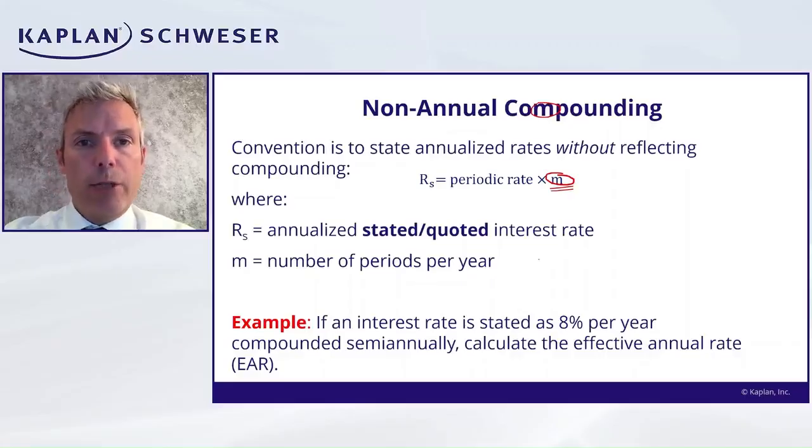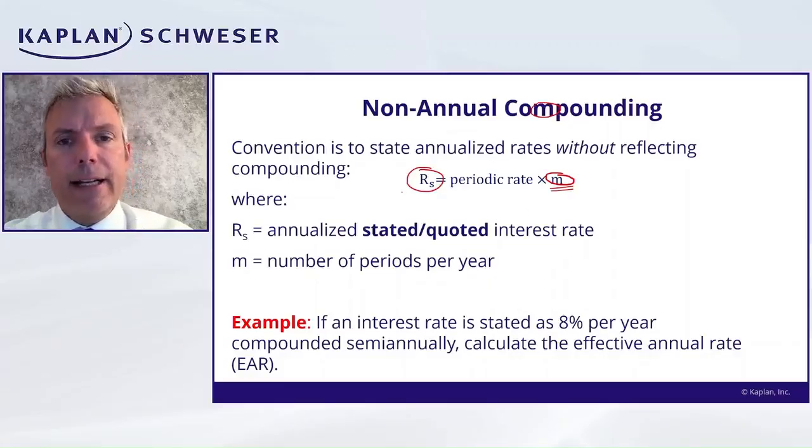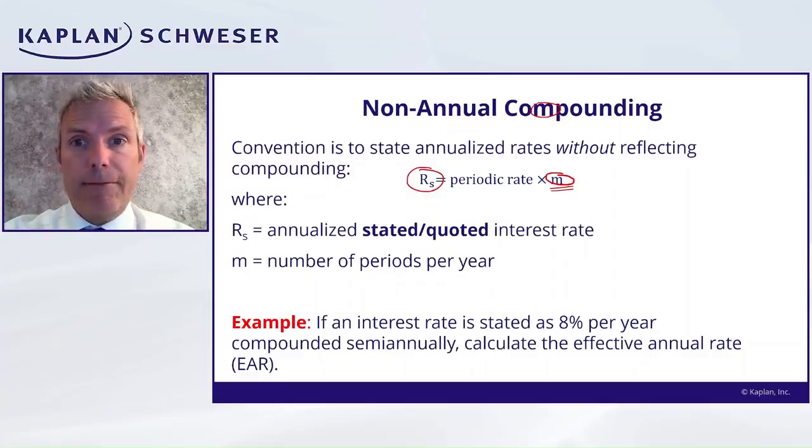And what gets quoted with non-annual compounding, you need to be really careful with this, because what gets quoted is not a true effective annual rate of return that reflects compounding. It actually doesn't reflect compounding. All we do when we quote an annualized rate, when there's non-annual compounding, is we take the true periodic rate. Like for example, for a 6-monthly return, we take the true 6-monthly return that we would earn, and we just multiply through by 2.